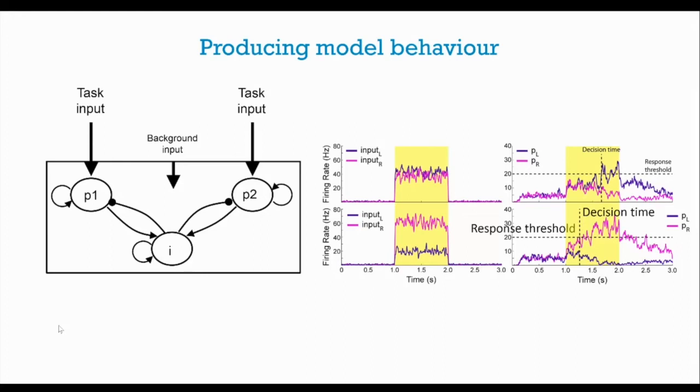Now, this is a very primitive way, but it's nevertheless a way how we can say, well, this model now produces a behavior, and we can generate trial after trial with different inputs and play around with the state of the network and derive something like a decision time or accuracy. And that's relevant because that is something we can derive in human subjects as well.